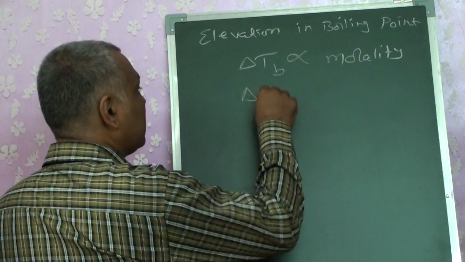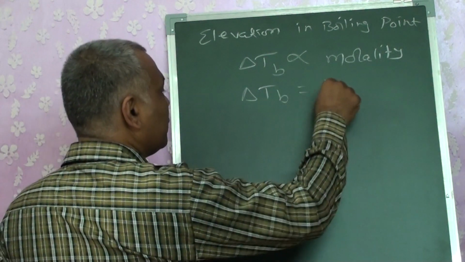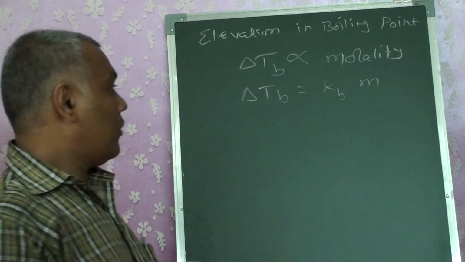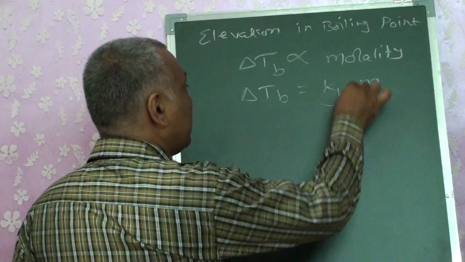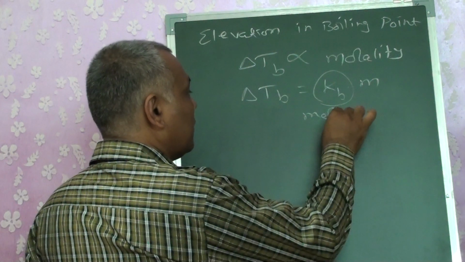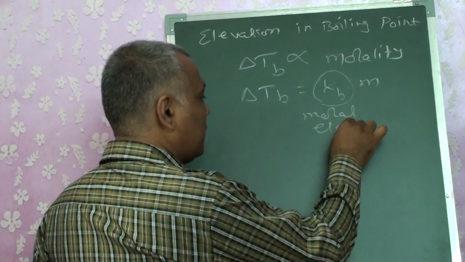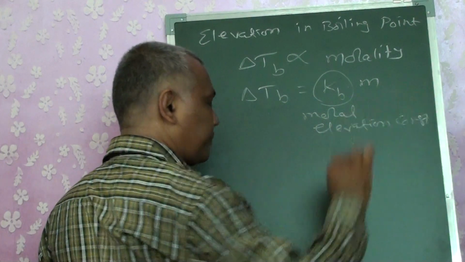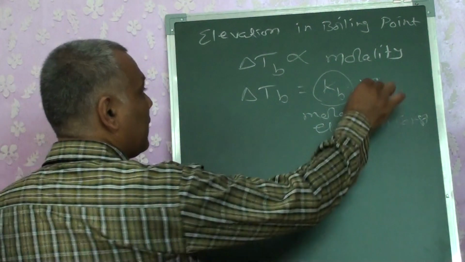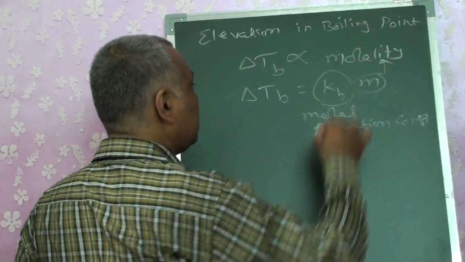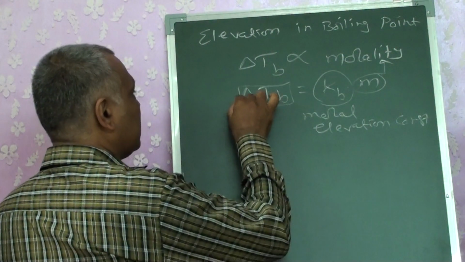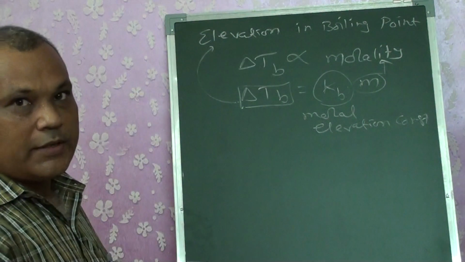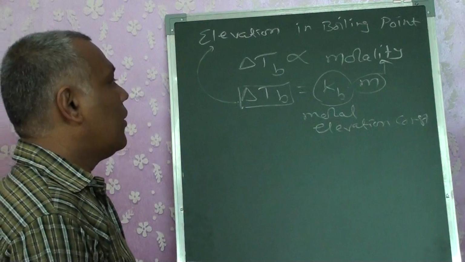So delta Tb is equal to Kb m. Here Kb is the proportionality constant known as molar elevation constant, and m is our molality. This is the elevation in boiling point.